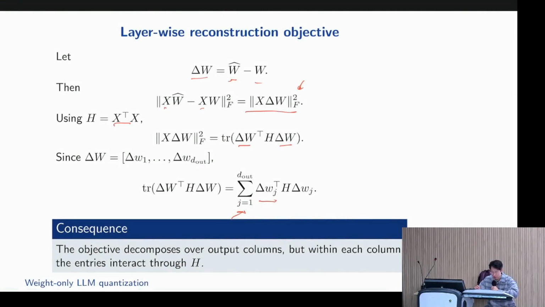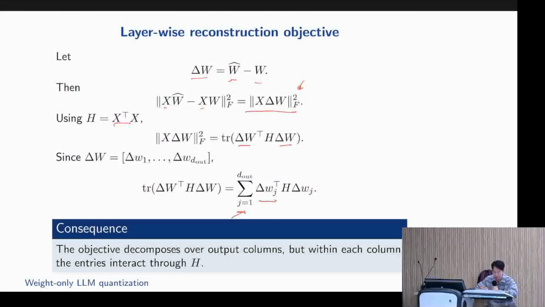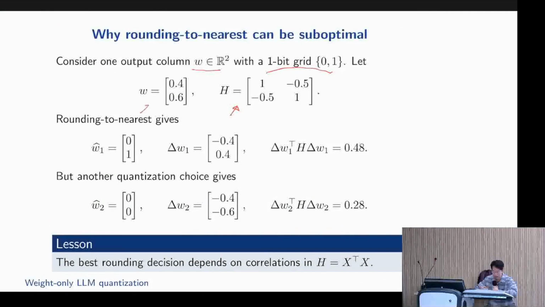Okay, let me show you a counterexample showing rounding to the nearest integer is not a good idea. Let's say one of the output columns W is two-dimensional, and we're using a 1-bit grid, so it's going to be 0 or 1 after quantization. And we're given this H matrix. H is, by the way, X transpose X. And this weight column is 0.4, 0.6.